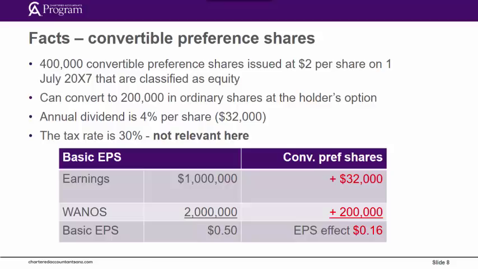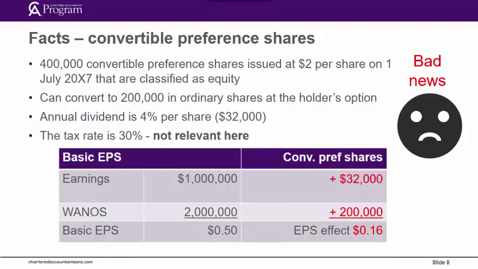So if these preference shareholders became ordinary shareholders, then our earnings for EPS would increase by $32,000. Similarly, they will convert to 200,000 ordinary shares, so our denominator goes up by 200,000. The earnings per share effect is 16 cents, so it's bad news, so it's diluted.